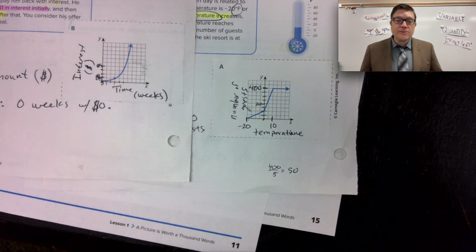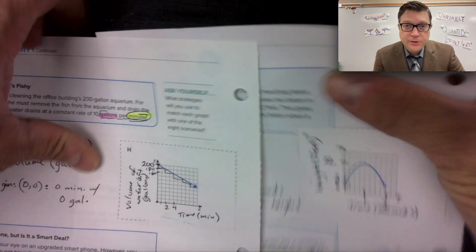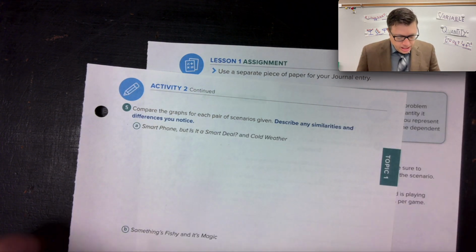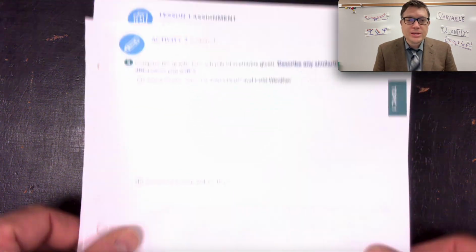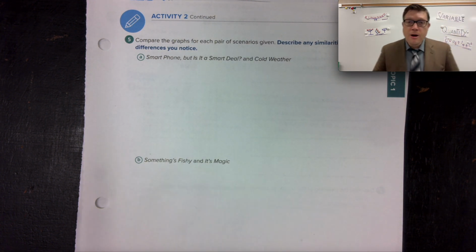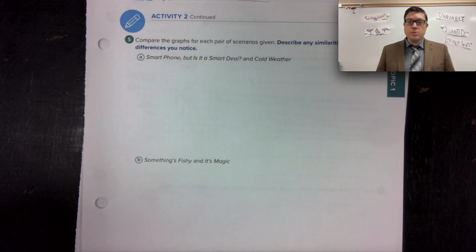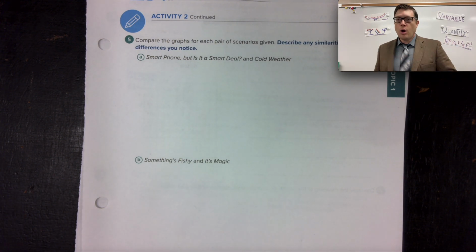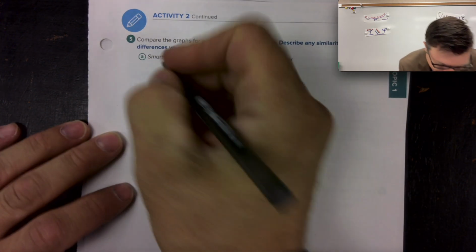So when we talk about the differences between graphs, perhaps that's the first thing that we should write down. In the comparison between these two, the smartphone graph has a smooth curve and is growing with not a constant rate of change.